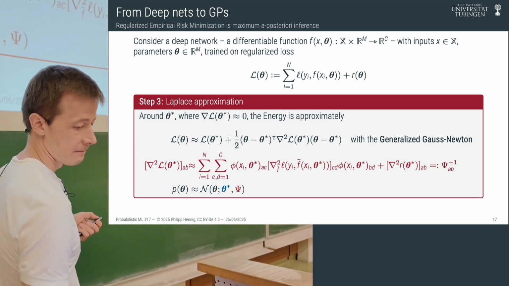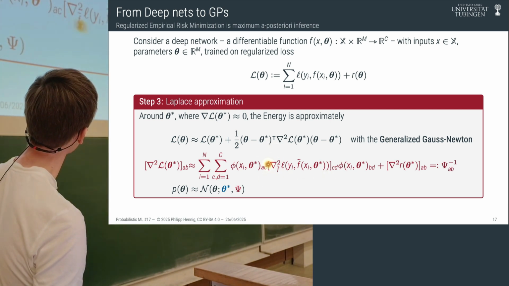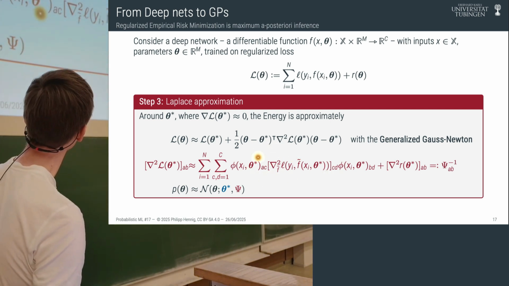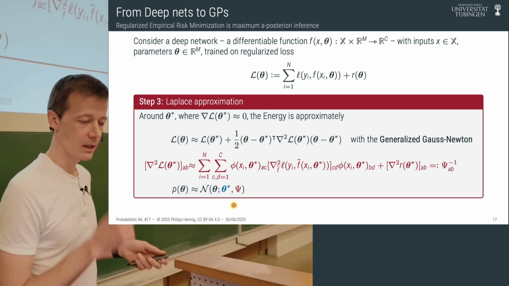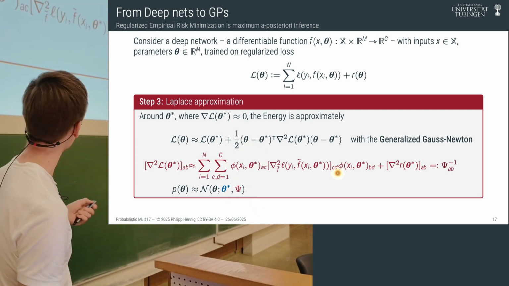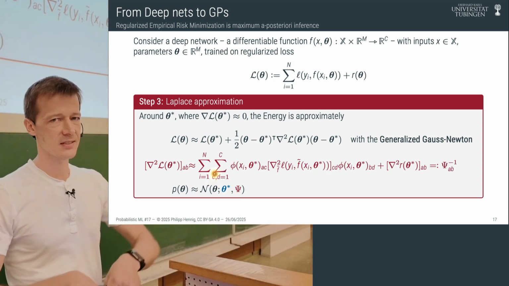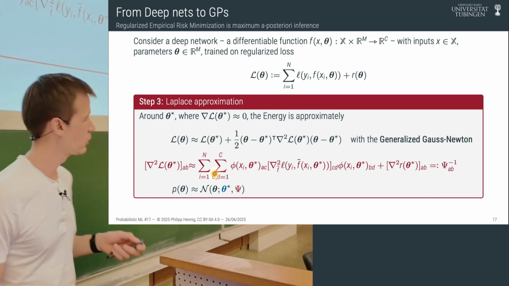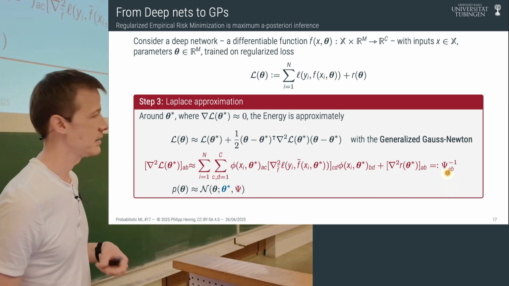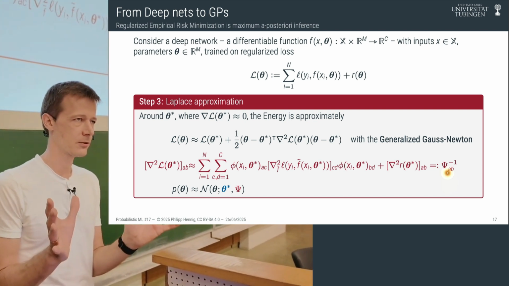Or if it's an ImageNet model, then there's a 1,000 by 1,000 dimensional thing in here, and then there's 1,000 by number of parameters vectors out here, and then there is a sum over such expressions over all of the data points. This gives us the curvature of the loss in parameter space. We'll call this matrix psi inverse. It's the curvature of the loss in parameter space.